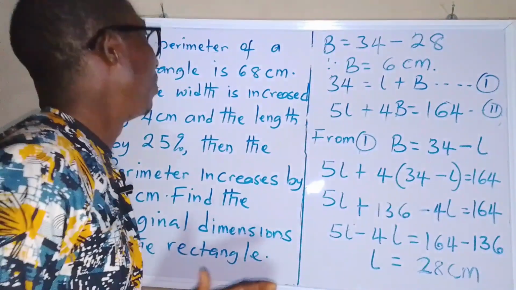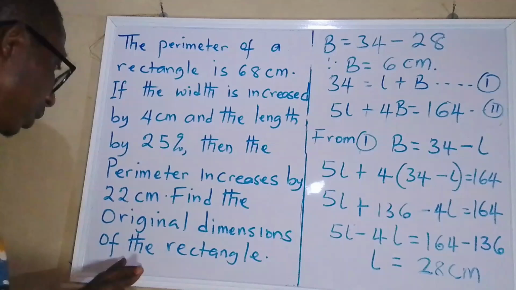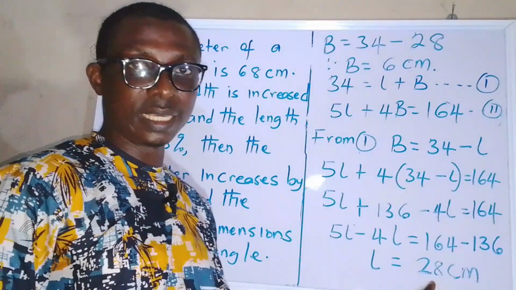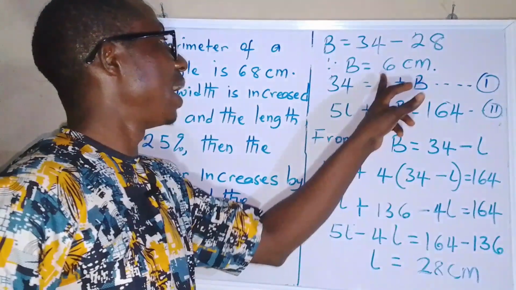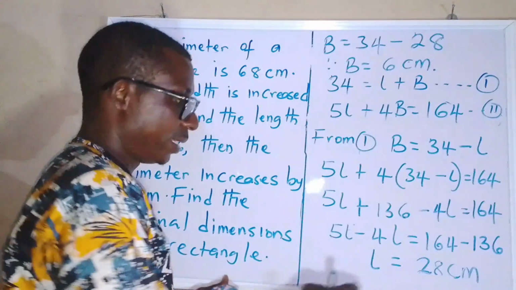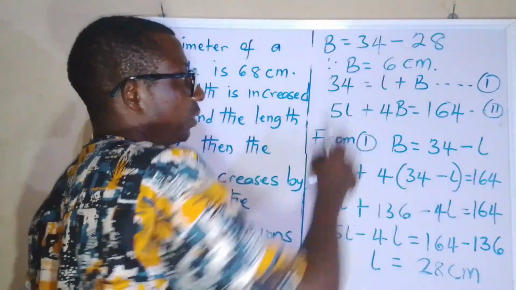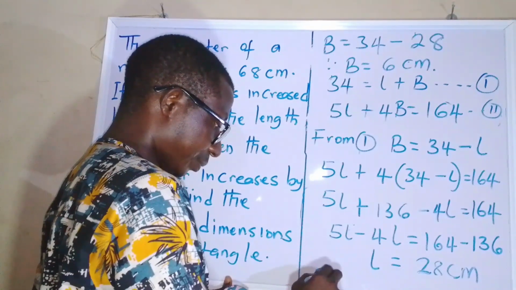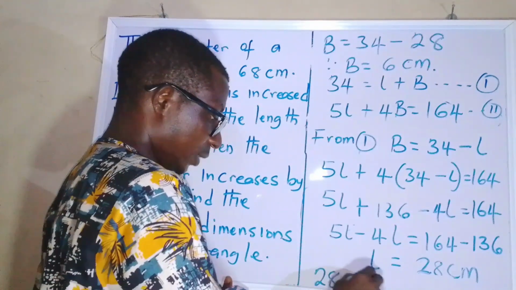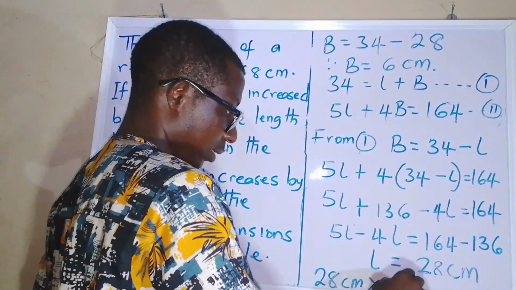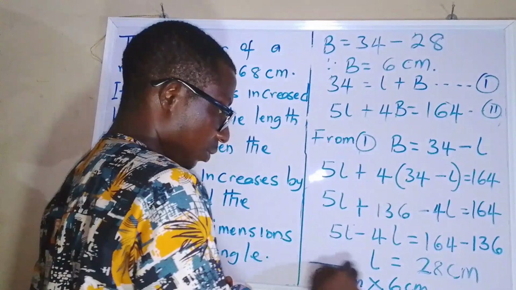So the dimensions of the rectangle are 28 centimeters by 6 centimeters. The length is 28, the breadth is 6. So this is going to be the dimension.